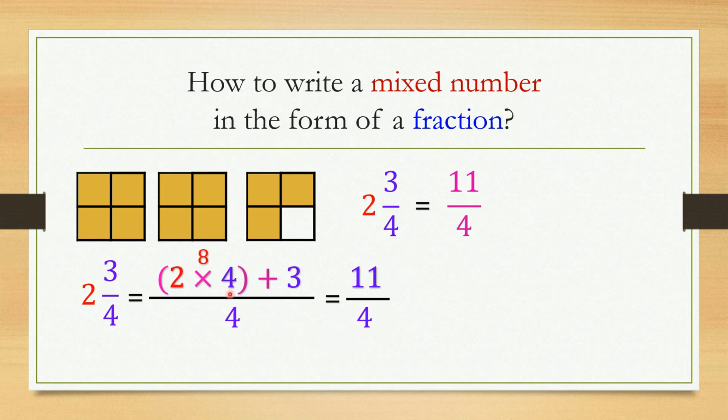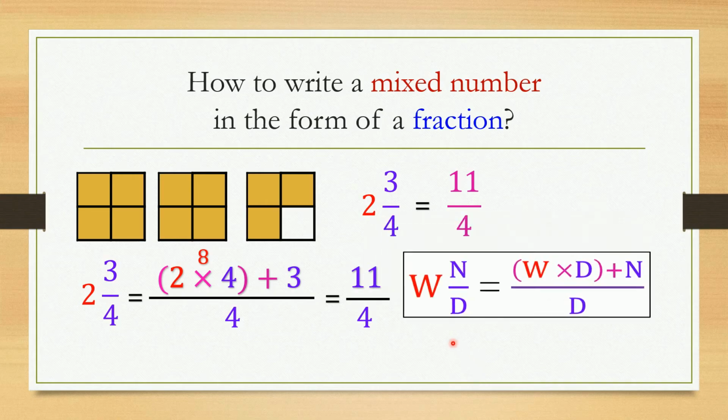So it's very easy. It's always the same. We need to memorize the steps. So we do whole number times denominator plus numerator to find the numerator of the fraction. And the denominator won't change. It will stay the same.